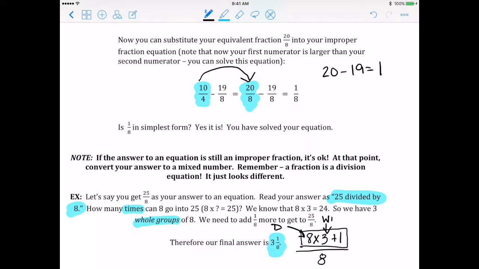This was your whole number. And this was your numerator. So your whole number is 3. 8 is your denominator. There it is. And your numerator is 1. So 3 and 1/8.